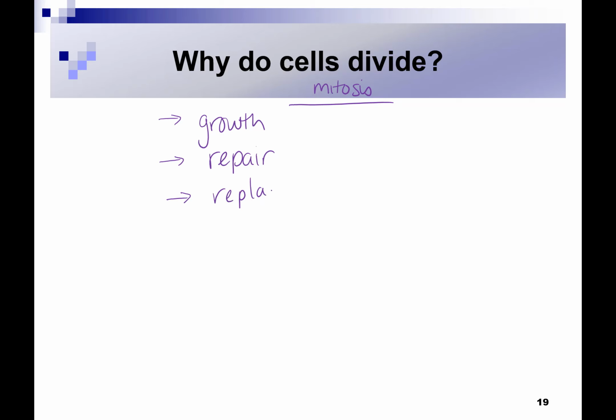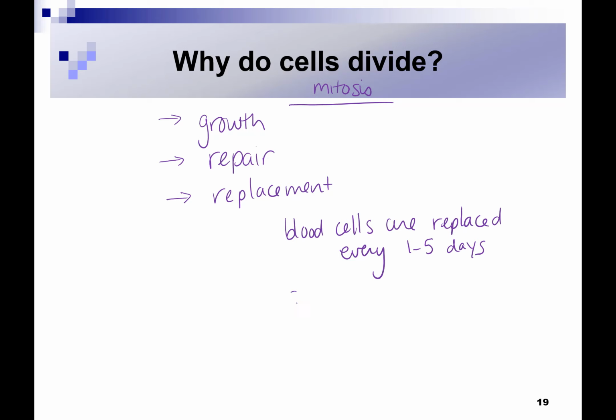and sometimes just replacement. So for instance, your blood cells are replaced every 1 to 5 days. That's why you can donate blood quite often. Your skin, depending on where it is, every 10 to 30 days.